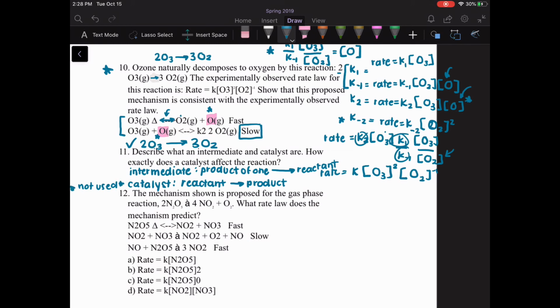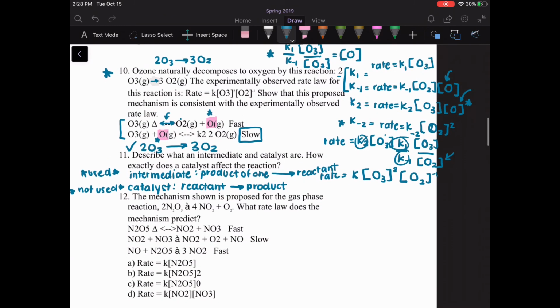It's usually a high energy molecule, etc., but that's not really important. So intermediate is used up, catalyst is not. And what a catalyst does is essentially increase the reaction rate by decreasing the activation energy. Remember we talked last time about how a higher activation energy is going to make a slower reaction. Well, a catalyst will lower that activation energy, okay?